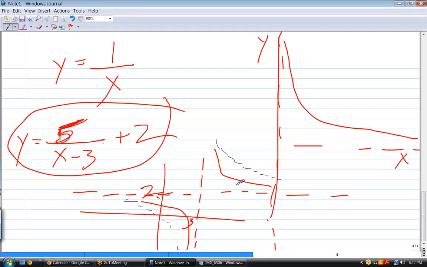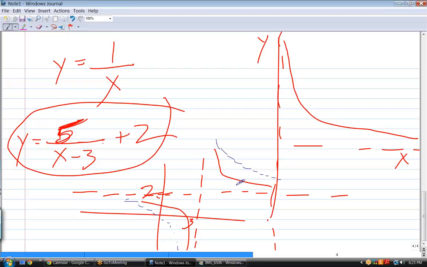As X goes to negative infinity, y will approach the horizontal asymptote, and this graph will never cross the vertical asymptote, because it can't. There's no way you can ever let x be 3. If you let x be 3, you're dividing by 0, and that is a no-no.